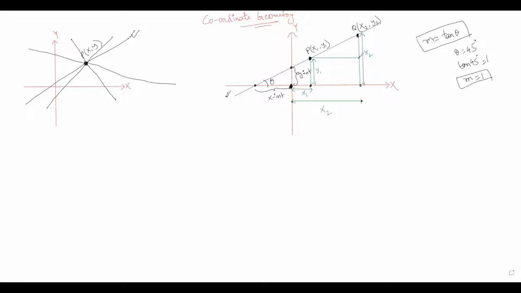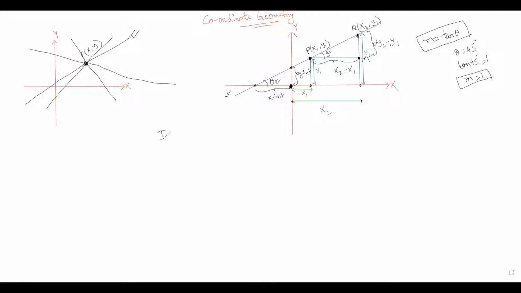So if I consider this point to be say M, we can say that QM would be y2 minus y1 and PM would be x2 minus x1. Also, the line PM and the x-axis would be parallel. So if this angle is theta, this angle will also be theta.